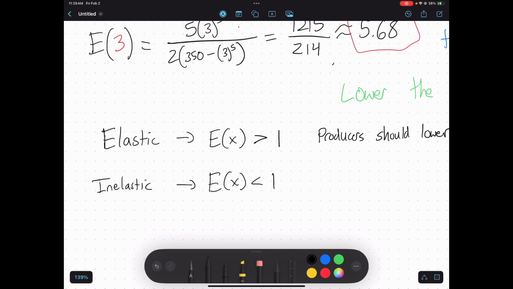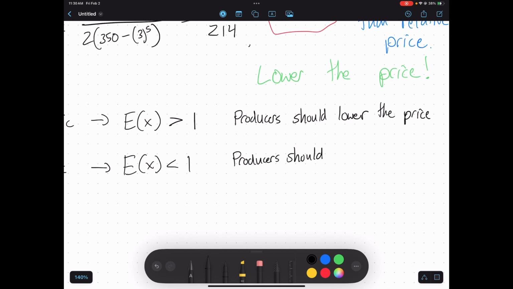That tells me I should increase the price, because I can increase the price by a relatively larger amount and not take that large of a hit in my demand. So producers should raise the price.